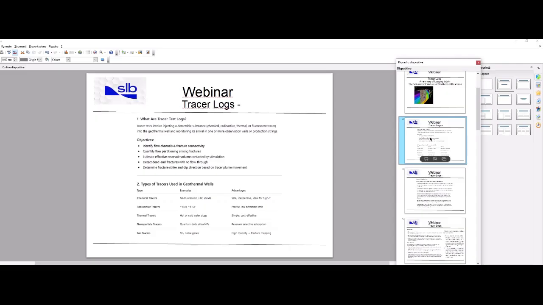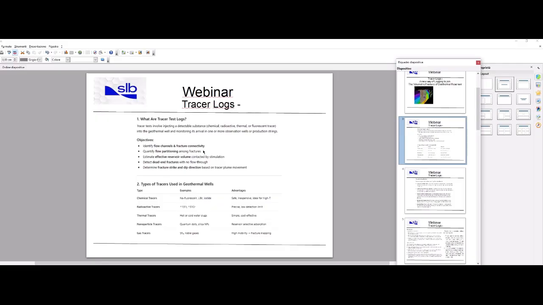So it's clear the main goals of the tracer are to identify the flow channels and the fracture connectivity. We can also build up a model of fracture connectivity and how it works from a hydraulic point of view.